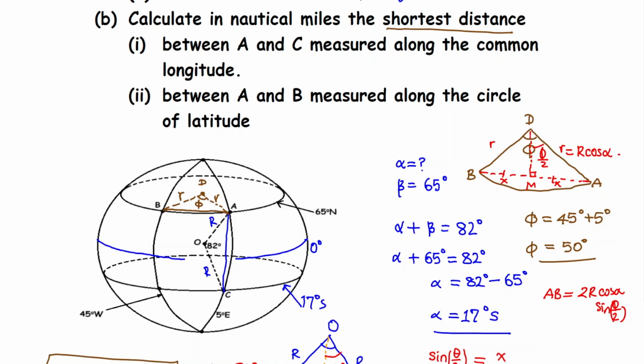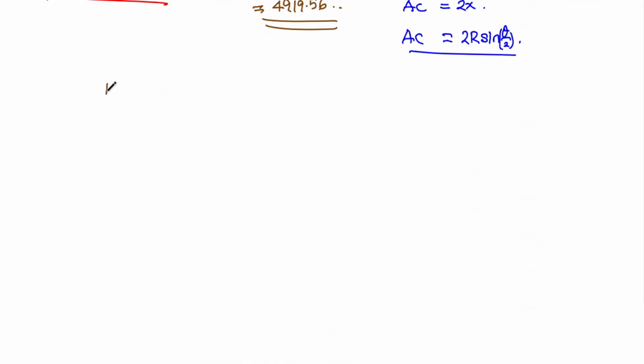Therefore, the last part B, Roman number 2, AB as the shortest distance is calculated from twice R cosine of angle alpha times sine of phi divided by 2.